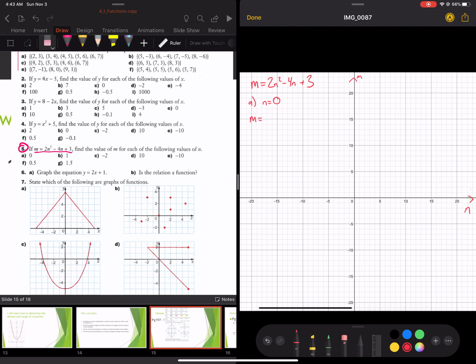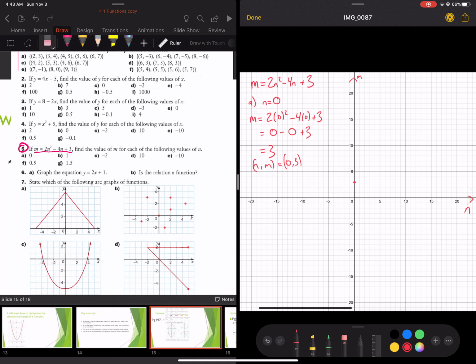So then m ends up being 2 times 0 squared minus 4 times 0, which is 0, plus 3. So we end up getting 0 minus 0 plus 3, which is equal to 3. Makes sense? So we have n and m equals 0, 3. If we graphed it, it'd be over there.